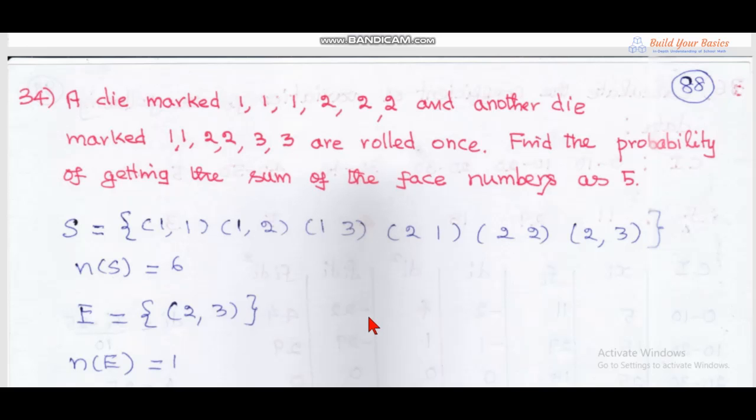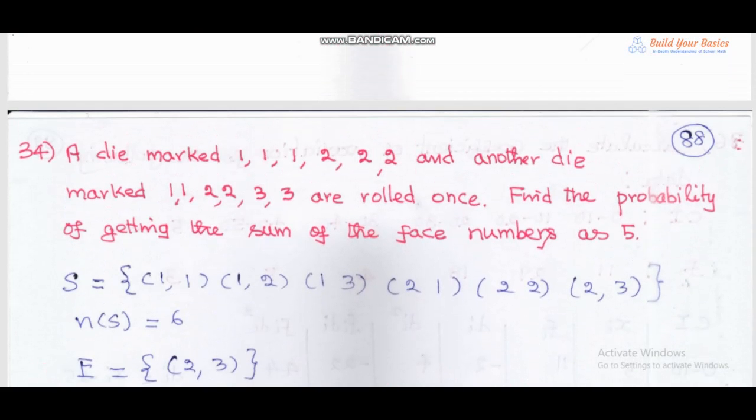Therefore the total number of outcomes of rolling the two dice is 2 into 3, that is 6. The elements are 1 1, 1 2, 1 3, 2 1, 2 2 and 2 3.